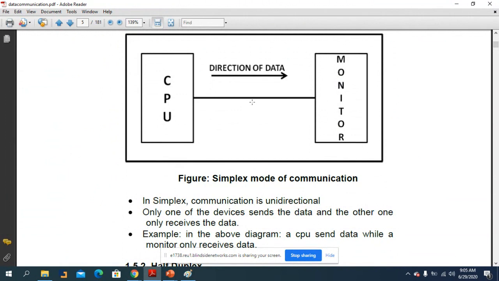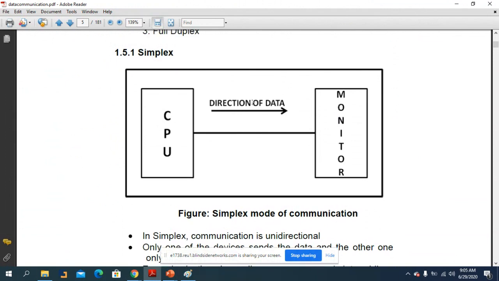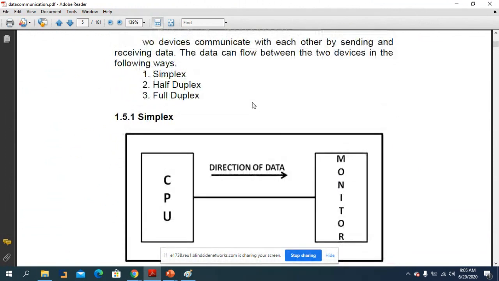Just that. And right now, if you look at a mobile phone, it allows you to receive and allows you to send. So that one cannot be a simplex communication. That one can be a full duplex communication because it is allowing you to communicate and it's allowing you to receive.